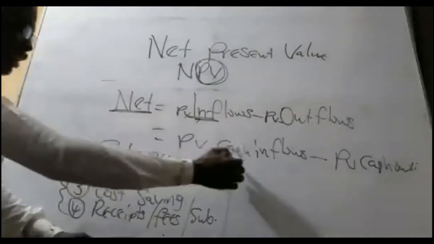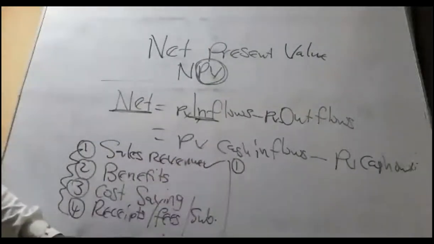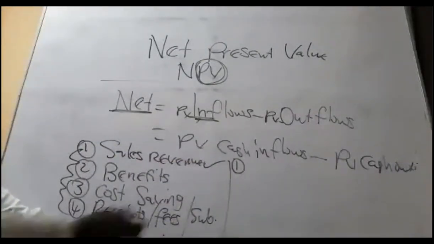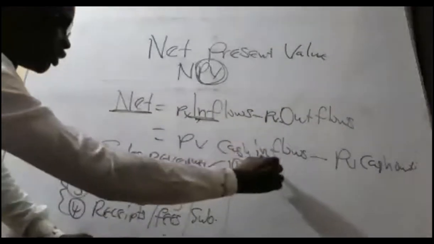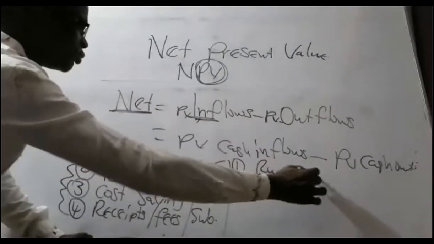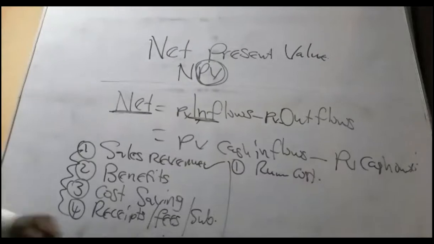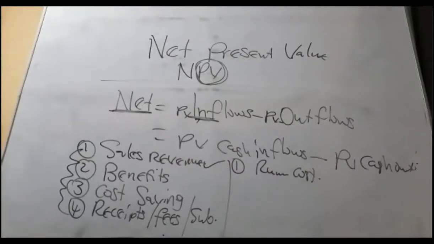Outflows, one, your variable cost, your running cost, all the running costs, operational costs, operating expenses, the cost that you incur specifically.